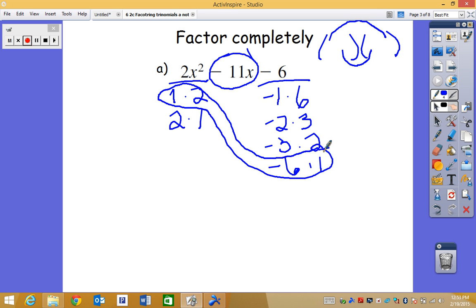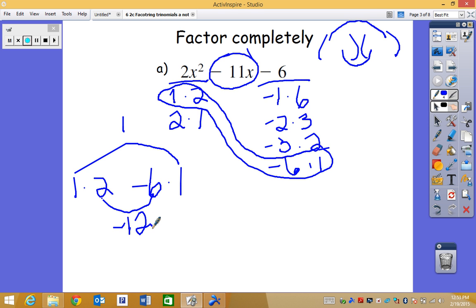So I'm going to pull those off to the side and just show you. When I multiply the outside numbers together, 1 times 1 is 1. When I multiply the inside numbers together, 2 times negative 6 is negative 12. And negative 12 plus 1 is negative 11. So those are the factors that work for me.